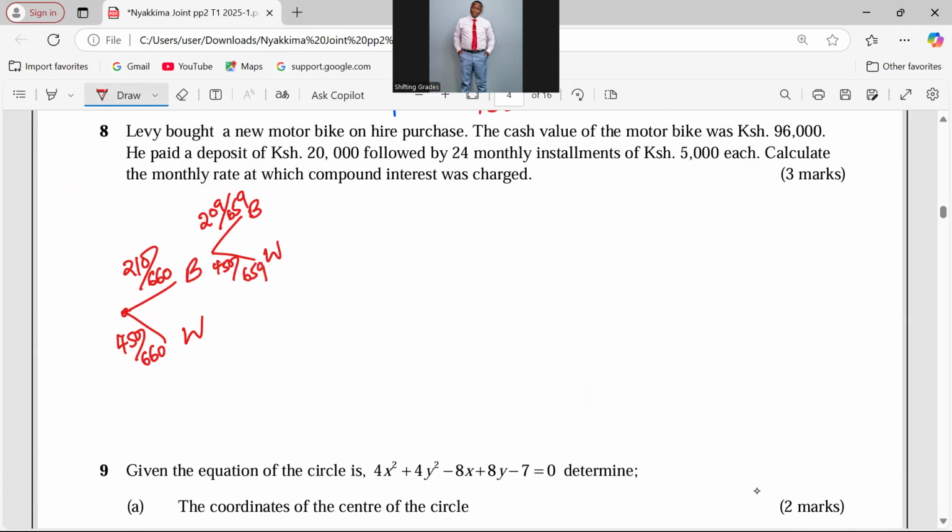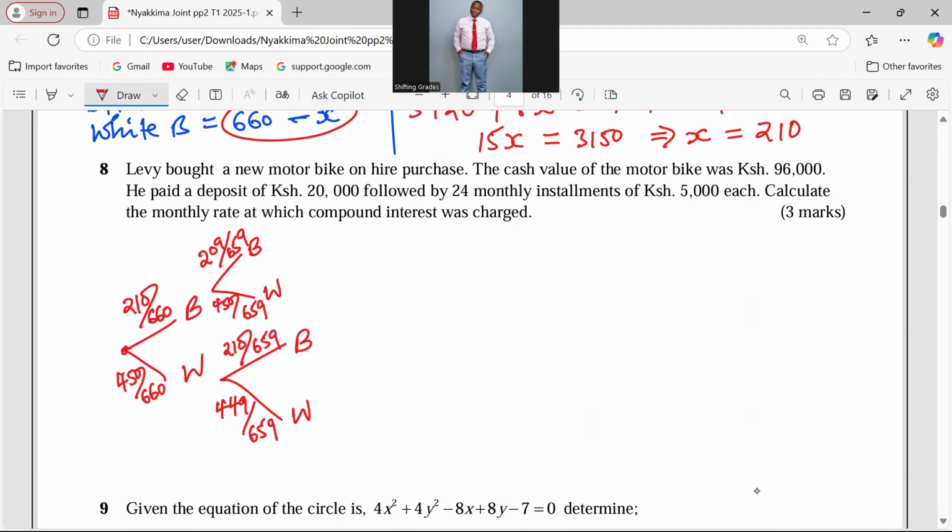In the second branch here, we can pick white again or black. After picking white again, it will go down to 449 out of 659. Then picking a black, when we had picked a white, the blacks are not affected, so there will be 210 out of 659.